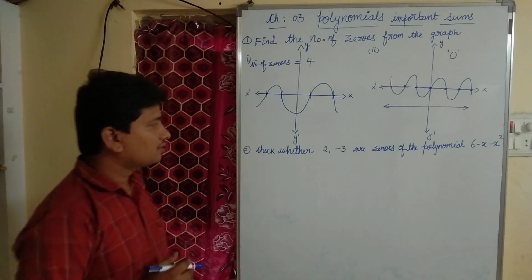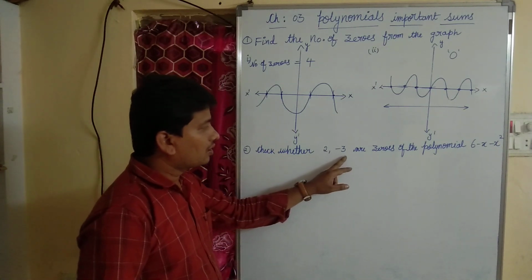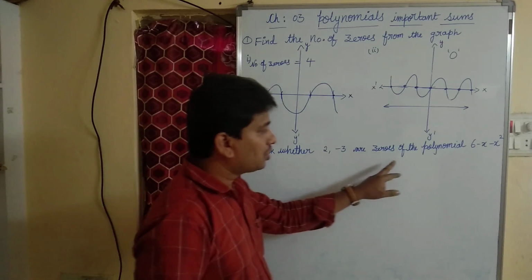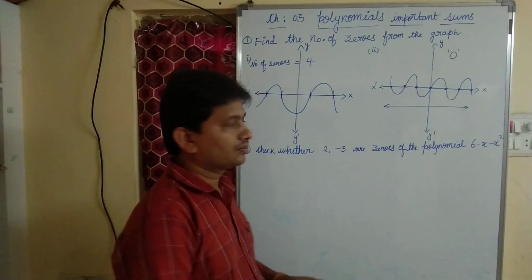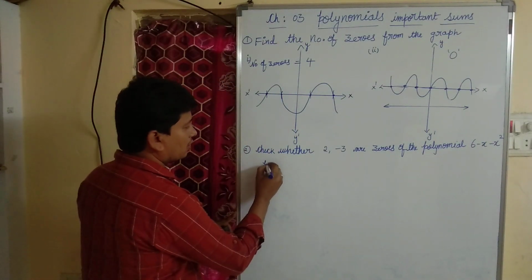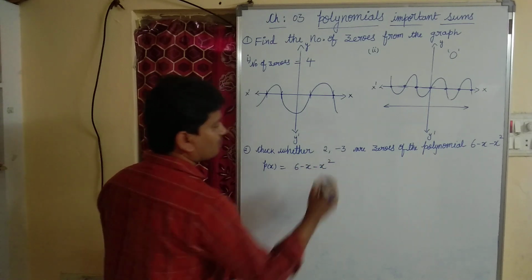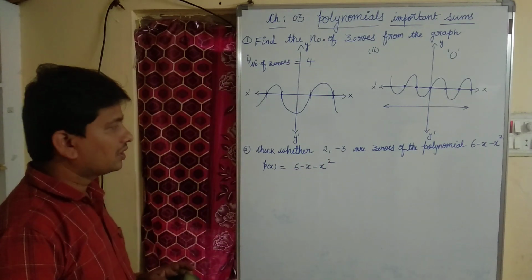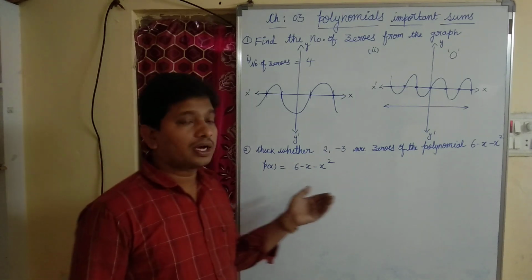Now coming to the second one: check whether 2, minus 3 are zeros of the polynomial 6 minus x minus x square. So the given polynomial is p of x equal to 6 minus x minus x square. They are asking whether 2 and minus 3 are zeros of the polynomial or not.